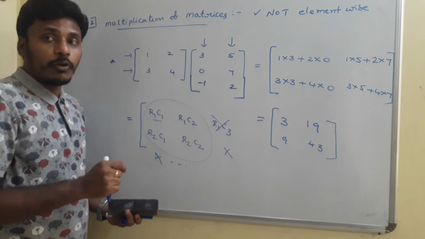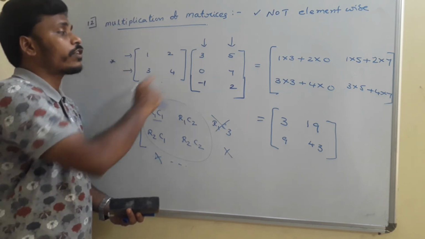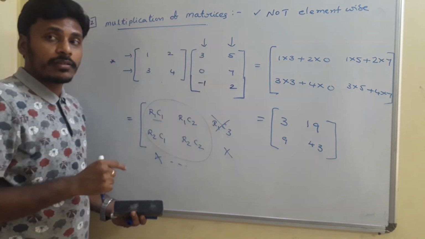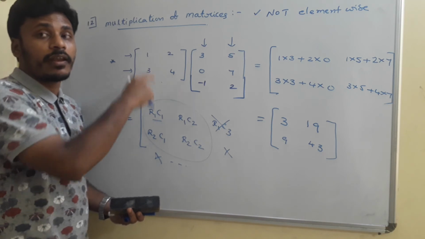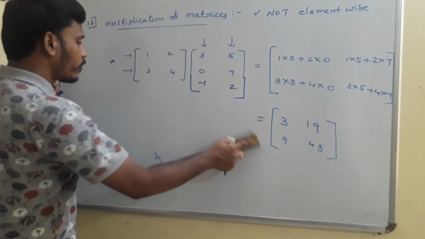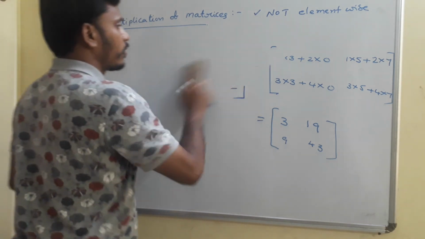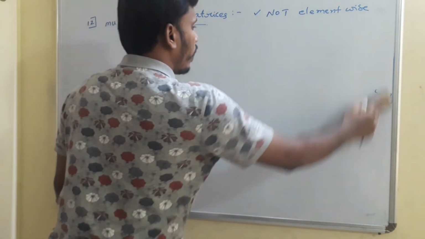We need to think about, while multiplying we need to think about rows of the first matrix and columns of the second matrix. For multiplication we need to think about columns of the first matrix and rows of the second matrix. Is it clear? Once again I will give you. First of all, you just look about this. There are two different aspects.